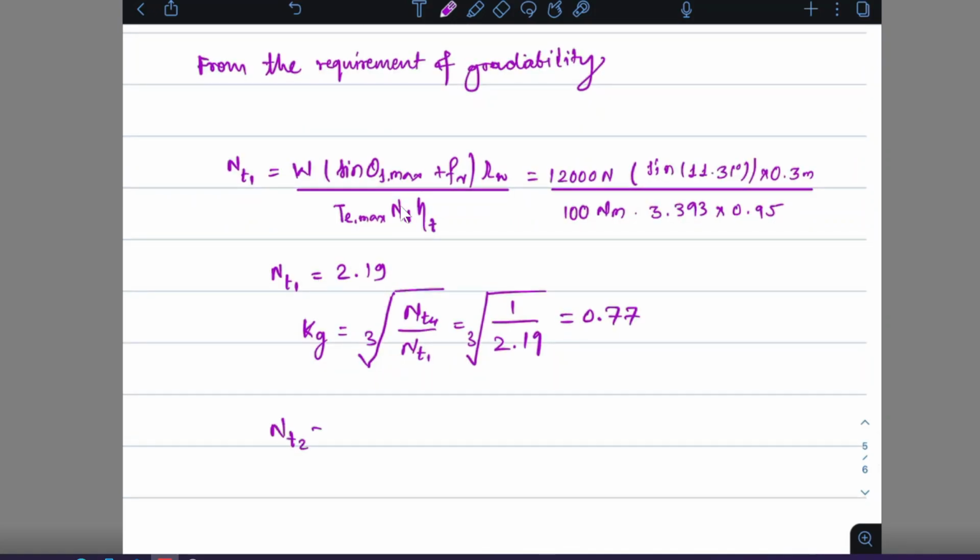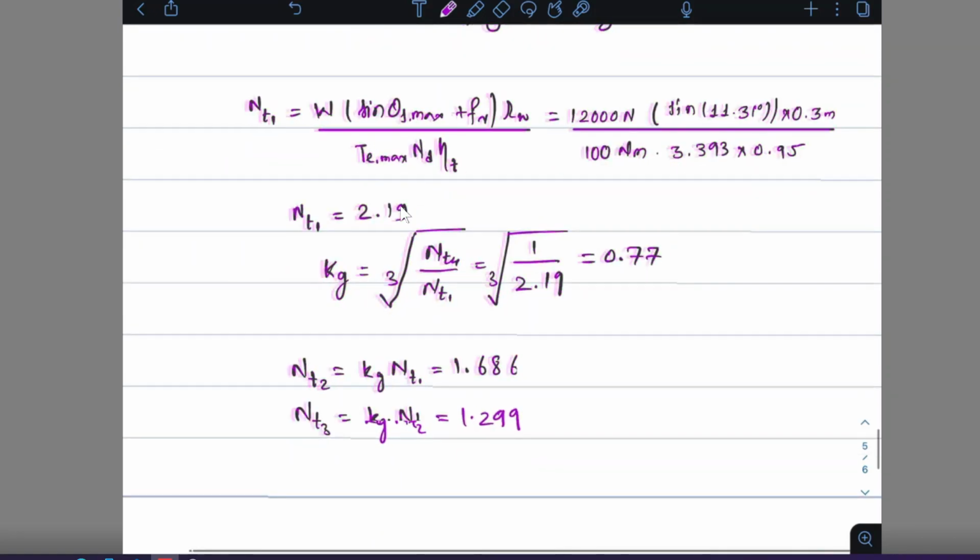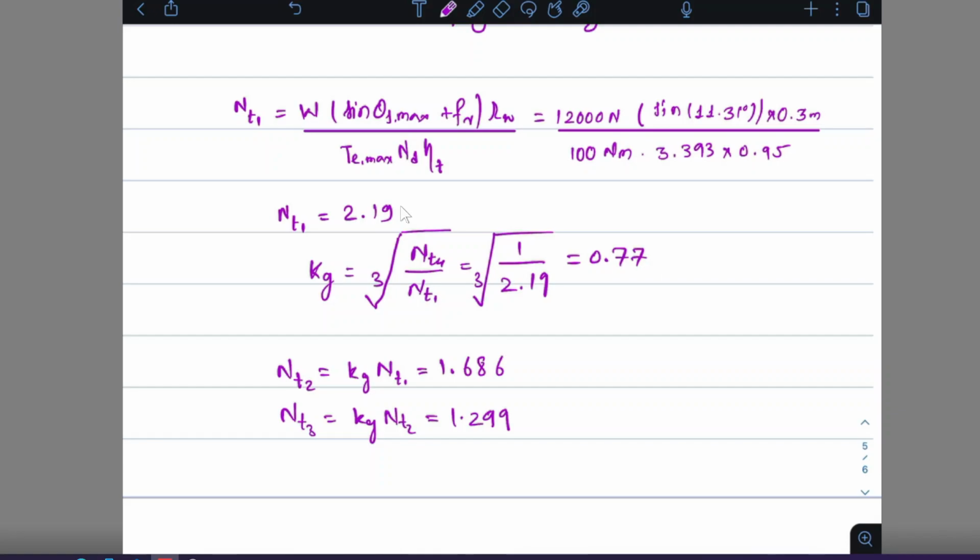You can write NT2 as kg into NT1, which would come out to be 1.686, and then NT3 would be kg into NT2, 1.299. Okay. So N1 we have, N2 and N3 we have, and N4 was 1 because we are told that it's direct drive.